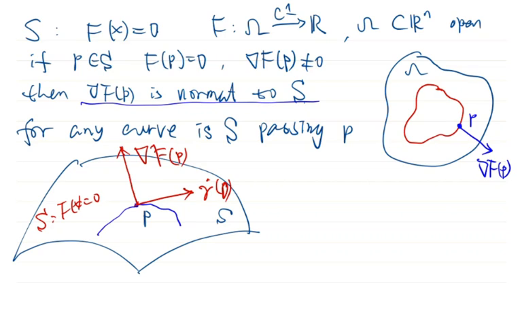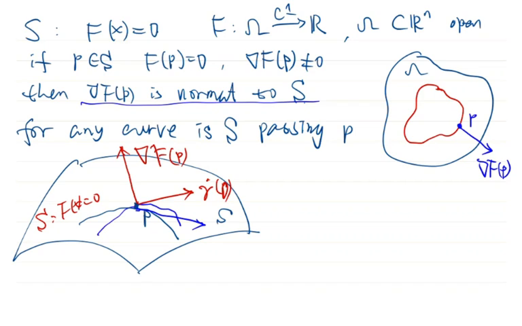The logic is that using the chain rule, we can prove that this gradient vector at the point P is normal to every curve lying in S. For another curve passing through the point P, all these tangent vectors are perpendicular to the gradient of capital F at the point P. So all the tangent vectors of curves on S passing P lie in the same plane. This plane has a normal vector, that is the gradient of F at the point P.